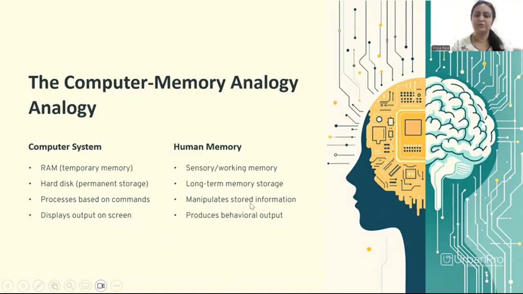Here, after we use the stored information, what do we produce? We produce behavioral output. Now, I have used or manipulated the stored information in human memory. I have used the material related to the information processing approach. And what is my behavioral output?